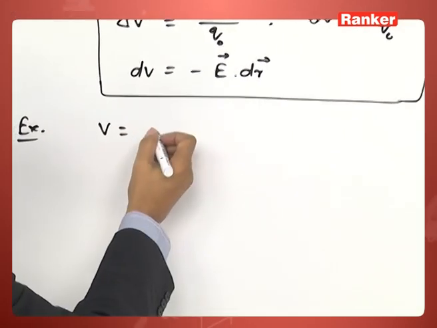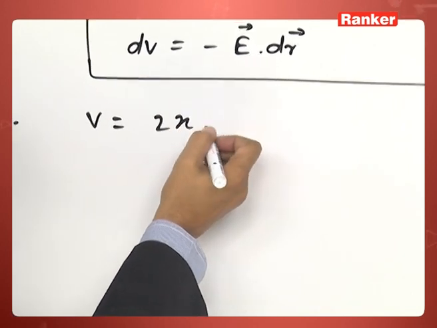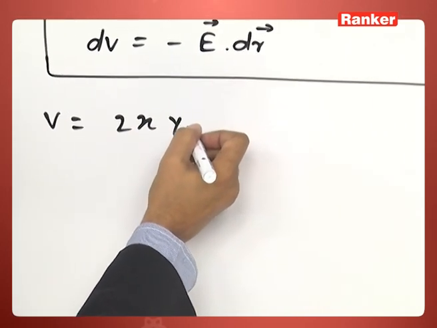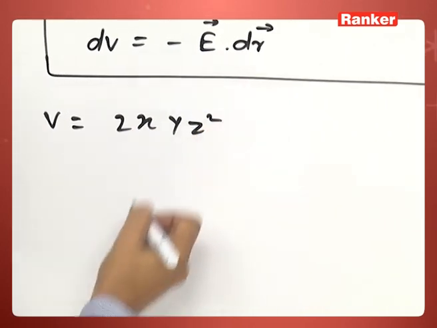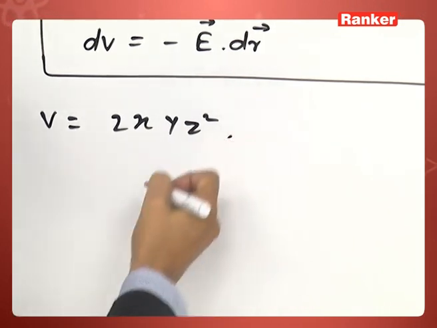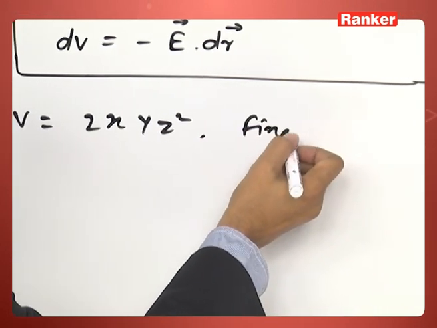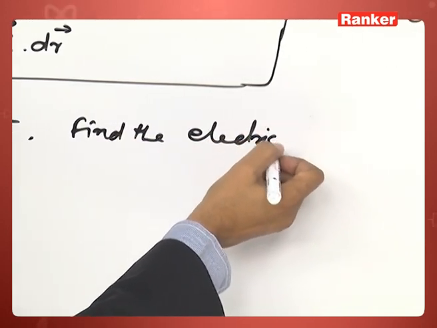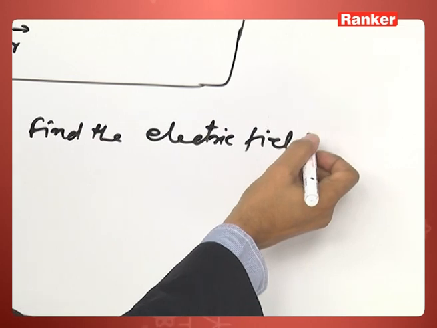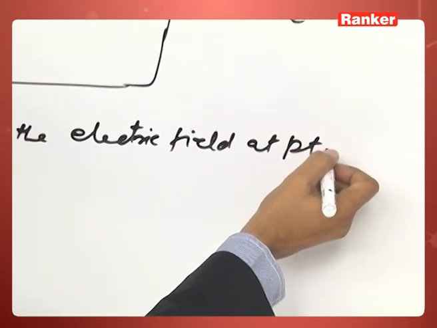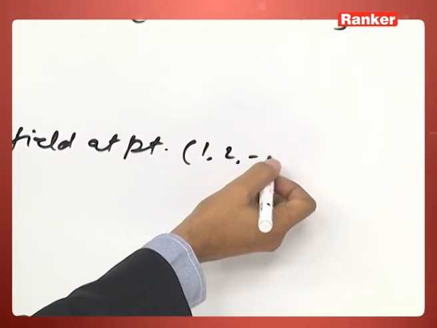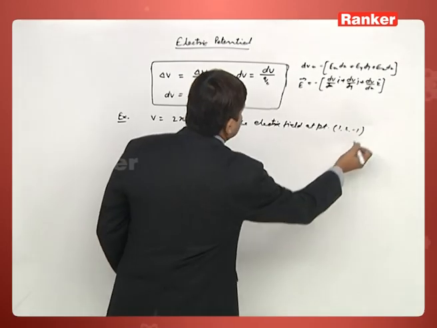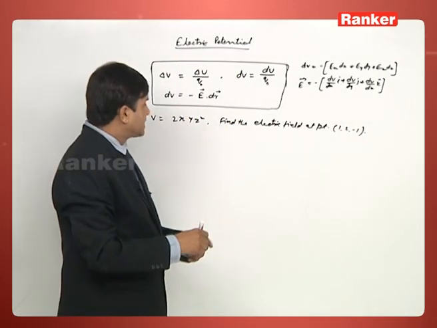Let potential is given as 2xy into z square. So find the electric field at point 1, 2, minus 1. So question is given here.